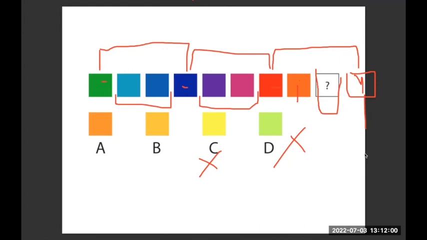Paul is saying B and C will have a greater variation. Okay. So according to you, most of you who have written here, it will be B and C which will be replacing this box.